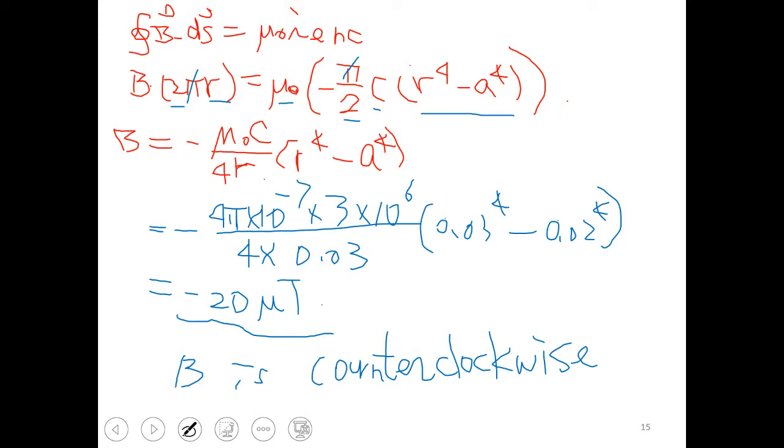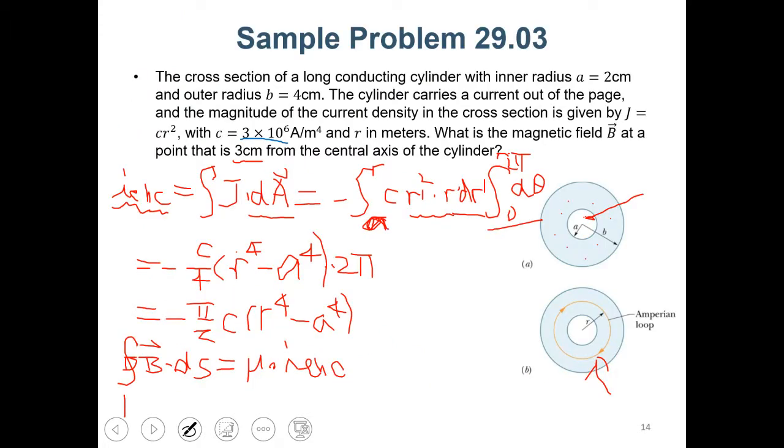Any questions? About the sign in the first step, OK, this one. Okay, the negative sign comes from, okay, so the Ampere loop is defined clockwise. So according to the right-hand rule, positive current should be going into the page.